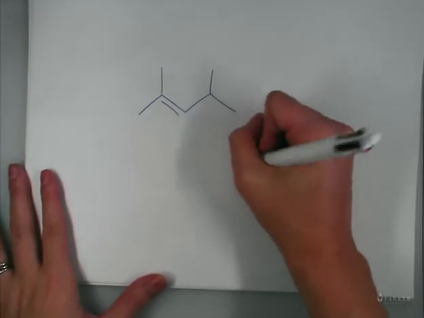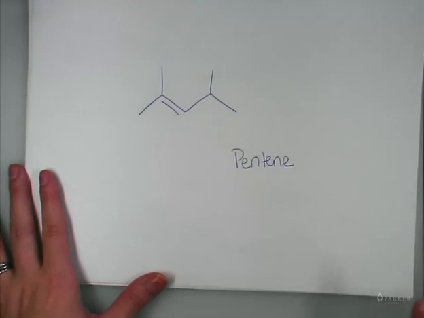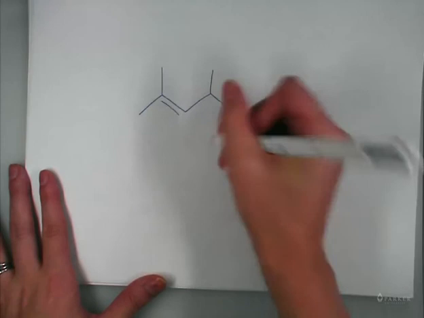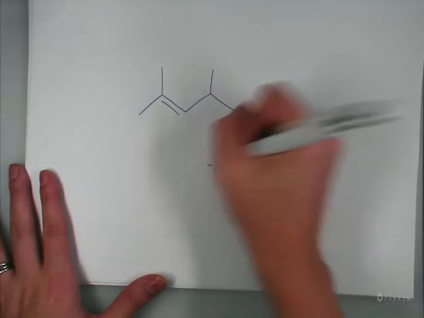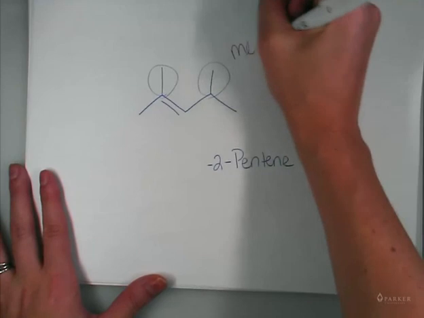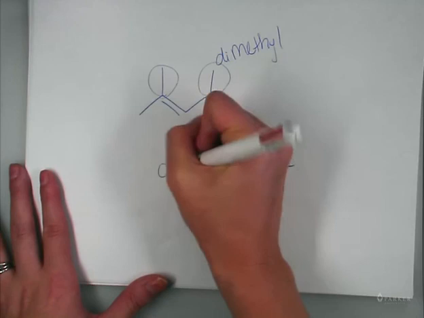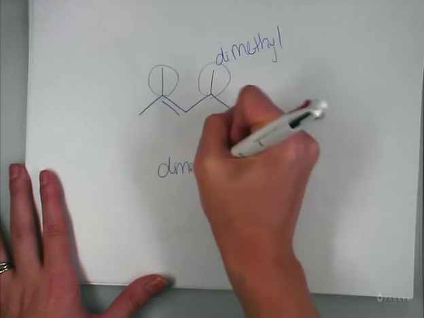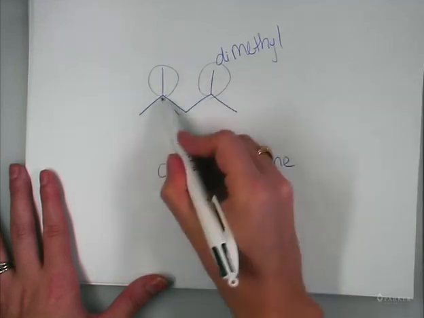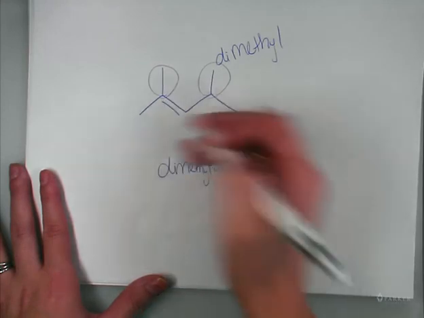So we name that as a pentene. Where is the double bond? 2. 1, 2. What are these branches called? Methyl. And we have 2 of them, so we call it dimethyl. So that's carbon 2. Then where are my methyls? 2 and 4.